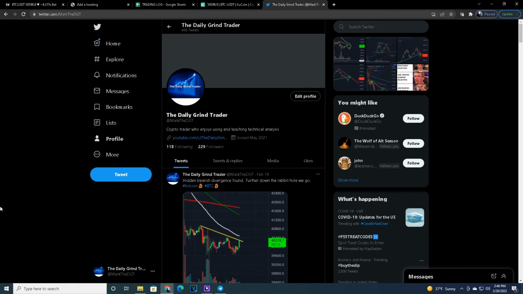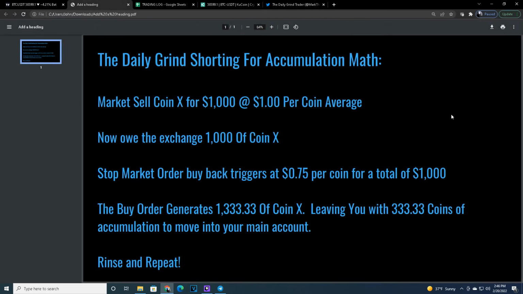But what I'm going to show you now is how to short for accumulation as opposed to shorting for profit. So we're going to do some daily grind shorting for accumulation math. If you market sell coin X for $1,000 at $1 per coin average, you now owe the exchange 1,000 of coin X. What you would want to do is put a stop market buy order in at your targeted price.